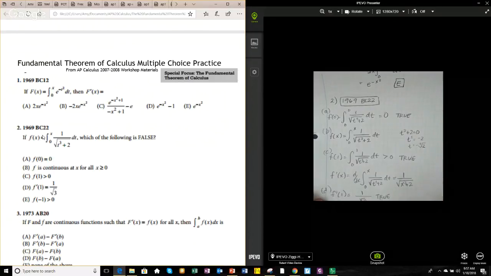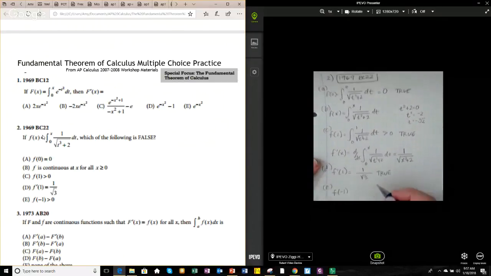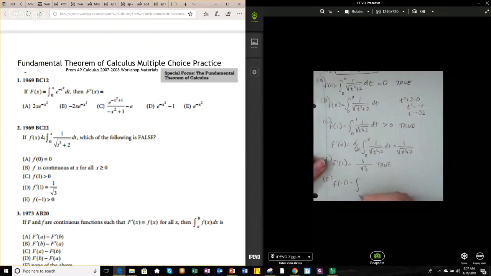And E, f of -1. Let's think about that. That's going to be equal to the integral from 0 to -1 of 1 over the square root of t cubed plus 2 dt.